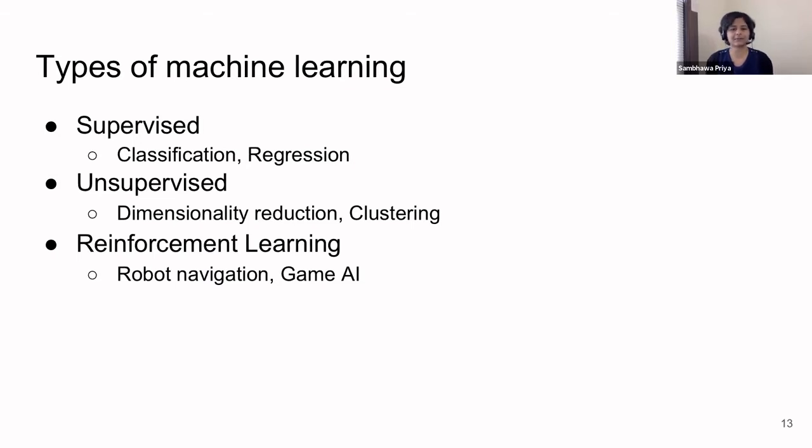It's used in applications such as robotic navigation or game artificial intelligence, and adversarial networks and those kinds of things come under reinforcement learning. Our workshop today will only focus on supervised machine learning.